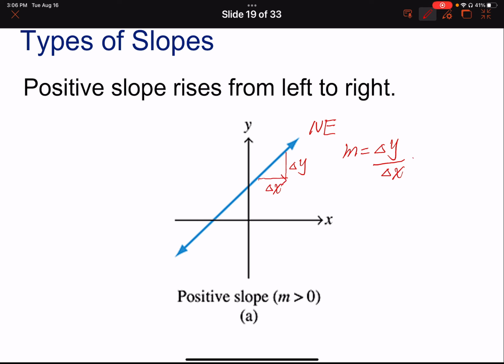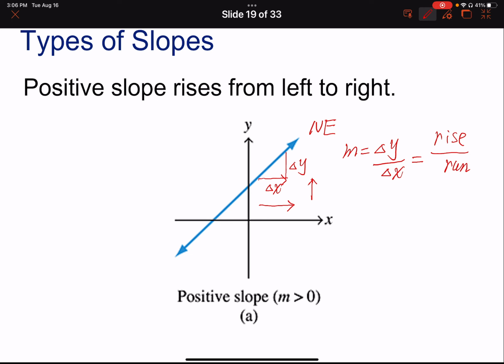This is sometimes read as rise in y over run in x. So positive slope means you have a positive run, and then a positive rise.